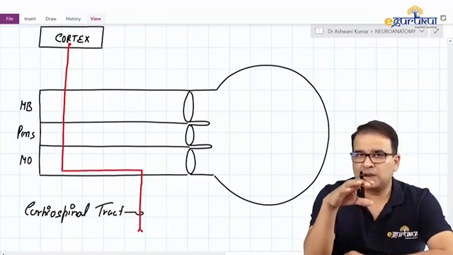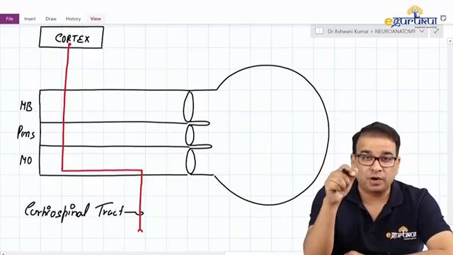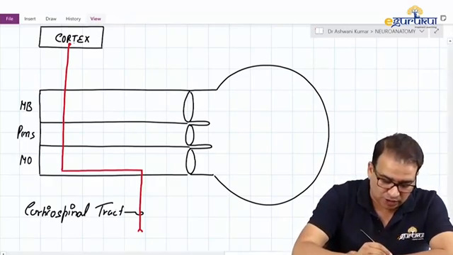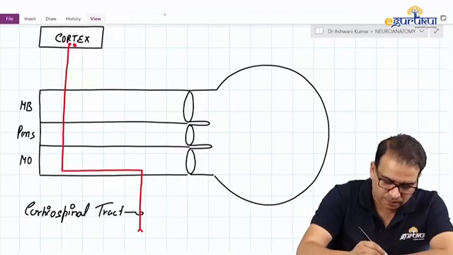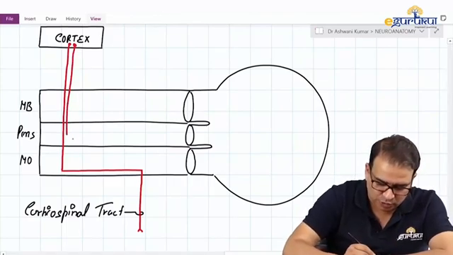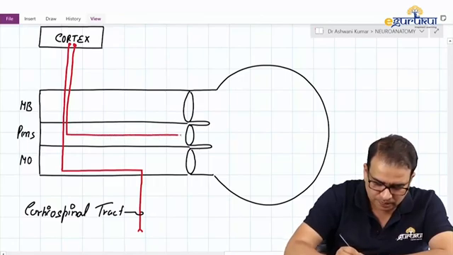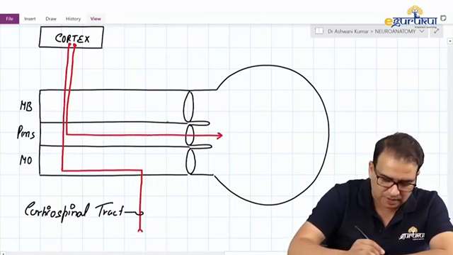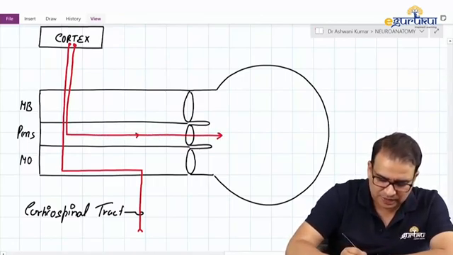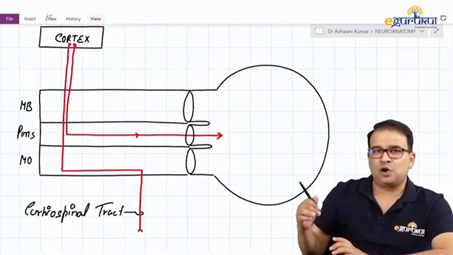If this is corticospinal tract, we just said what is a copy of corticospinal tract? That is cortico-reaching the pons, ponto-cerebellum, which tells you clearly that obviously the name says pontocerebellar.